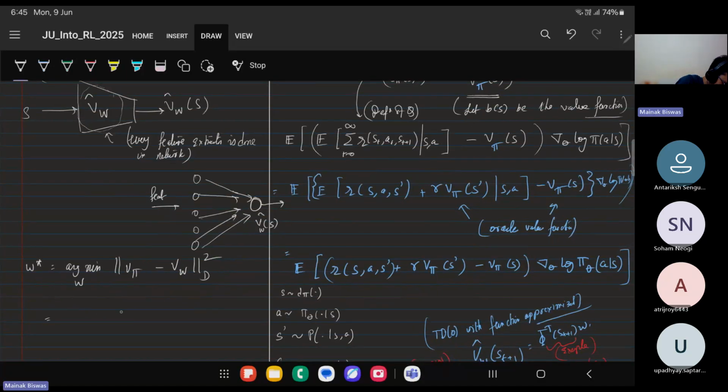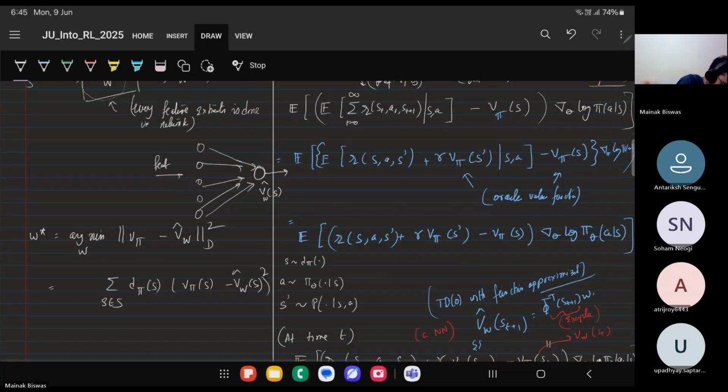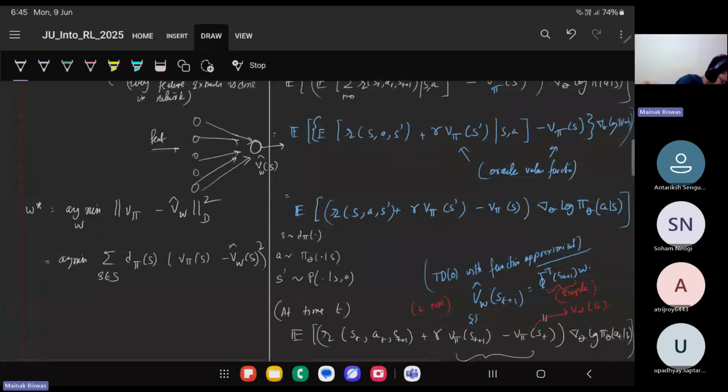Which was equal to the summation of d pi of S times (V pi of S minus V_w of S) squared. So I take a derivative.